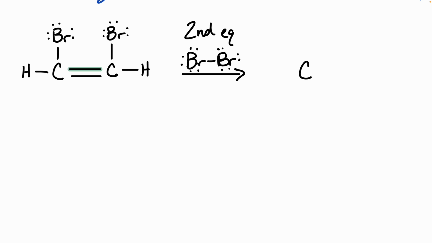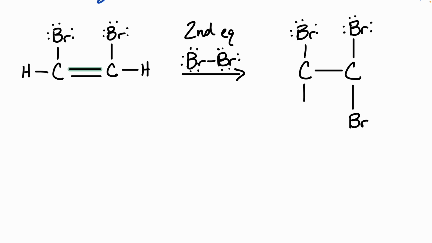Okay, so now we will have our halogenation of this carbon-carbon double bond. We already had one bromine on each carbon to begin with, and now with this second addition reaction, we have added another bromine.